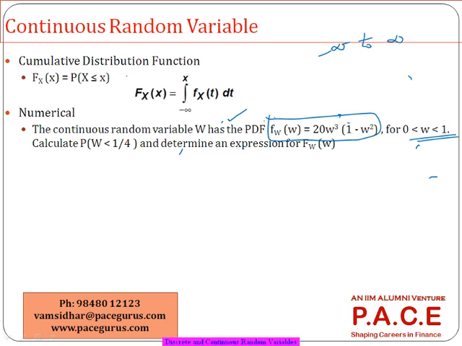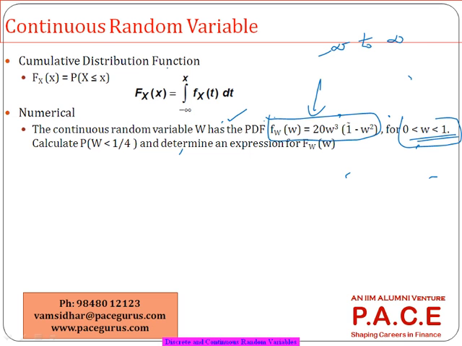So what does it mean? If I do an integration of this particular function between 0 and 1, my value should come out equal to 1, because it lies only between 0 and 1. These are all the possible values which can be taken up.